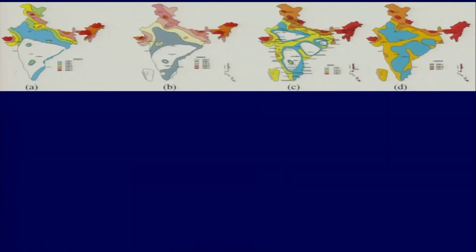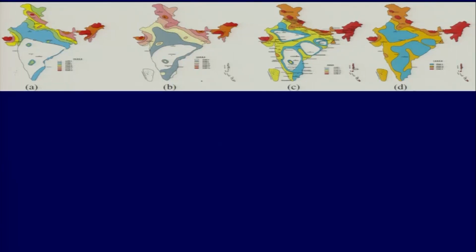If you look at the variations or the transformation of different maps which are listed here, A, B, C, D, over time these were changed or modified, or we can say updated, based on the information which we kept on getting.